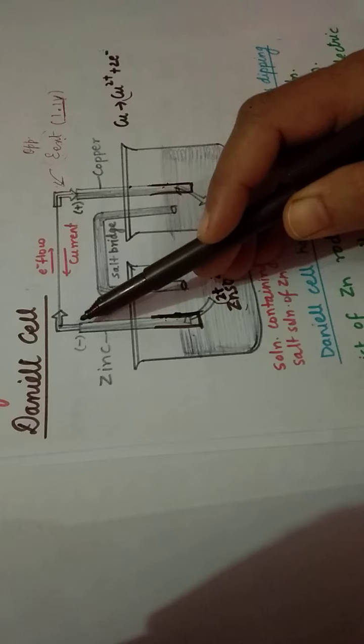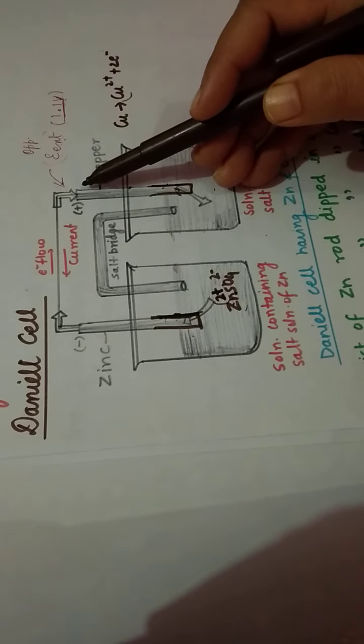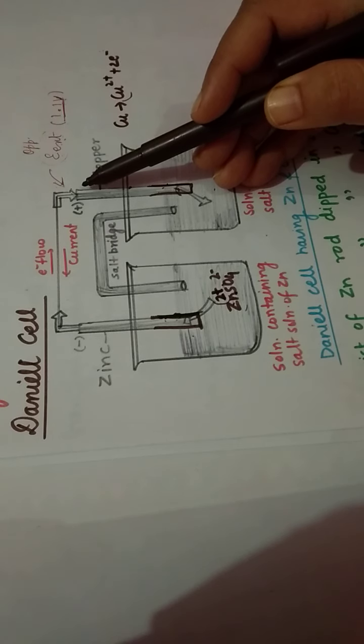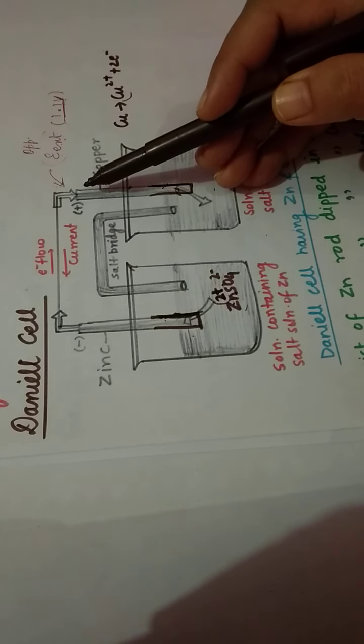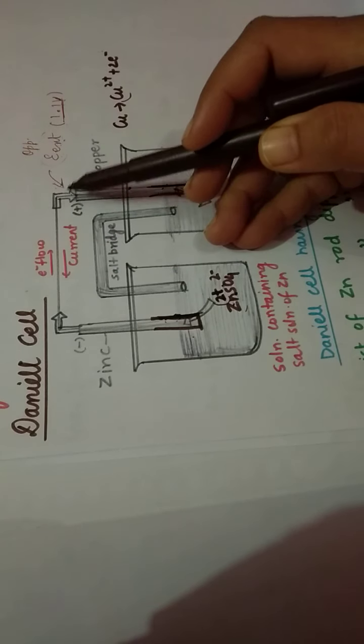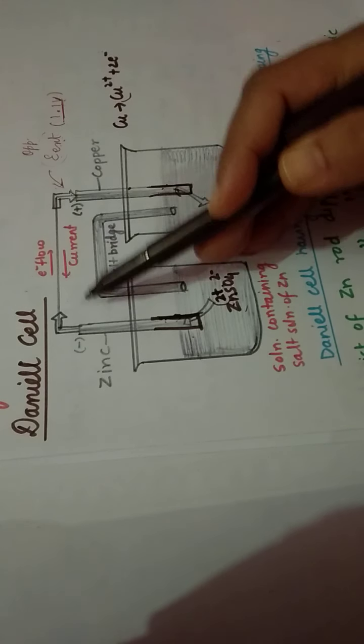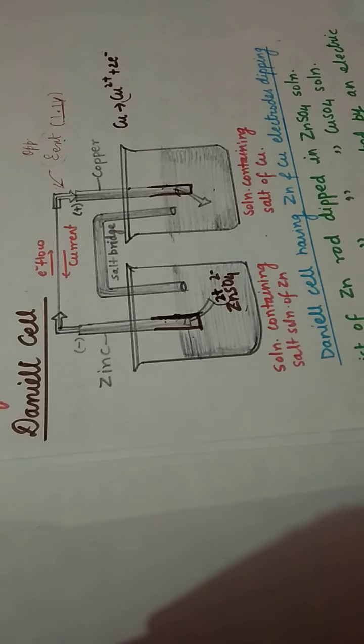Electrons will move from zinc to copper, from the negative electrode to the positive electrode, and the current will flow in the opposite direction of the electron flow. That is, the current is going to flow from copper to zinc.